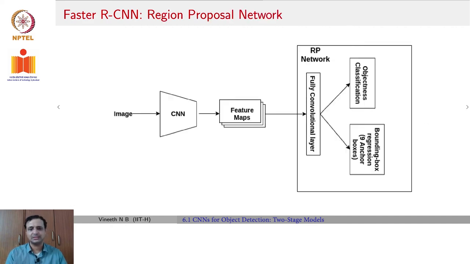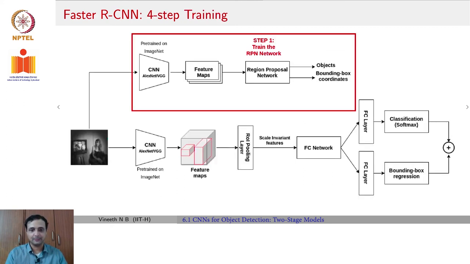Let's then see what happens. Okay, so you're going to have a fully convolutional layer which does objectness classification and bounding box regression. So in this case we're talking about say 9 anchor boxes, which is what was k on the previous slide, but this could be different based on what one chooses to do in a given setting.